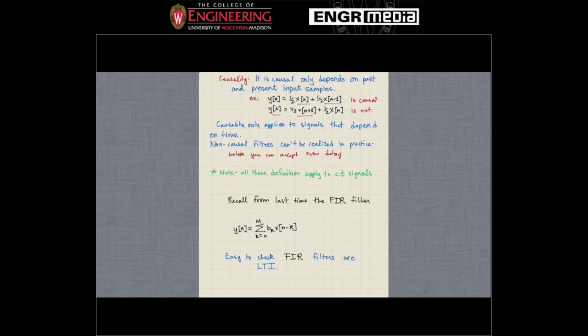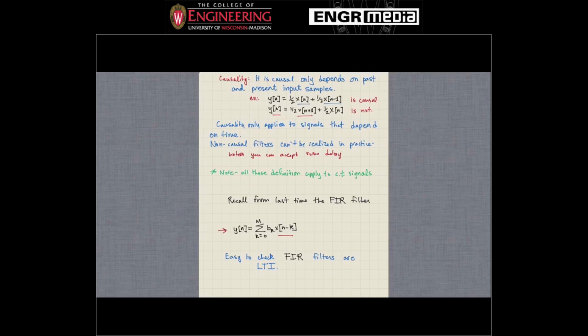But before we go on, I want to recall from last time the definition of an FIR filter, and that's written here. The definition just says it's a generalization of this moving average filter. Right? And we can see from this it's definitely causal, and it's also linear, and it's also time invariant.